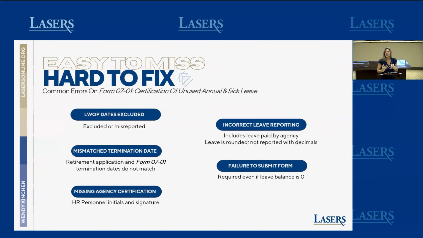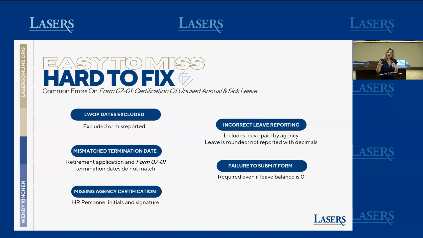A lot of times there are errors made on these forms that, again, are just a little bit of attention to detail that can keep them from happening. The form asks you to include leave without pay dates. Make sure that you enter that. Mismatched termination dates: if those term dates don't match exactly between the certification and the application, that is a huge error.